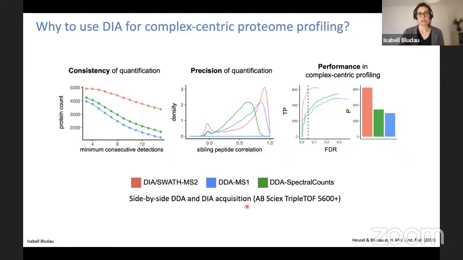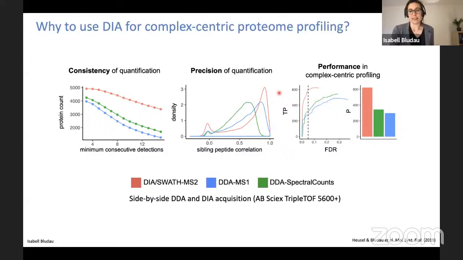What you can see here is the minimum number of consecutive detections along the SEC dimension that we could see in DIA data compared to DDA data acquired in parallel. Generally we have a larger number of consecutive identifications in DIA compared to DDA.